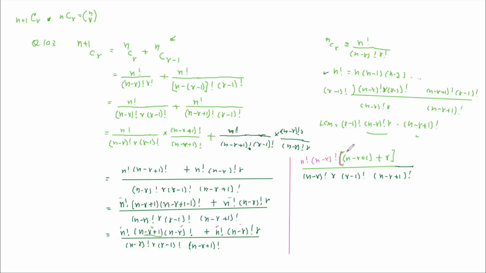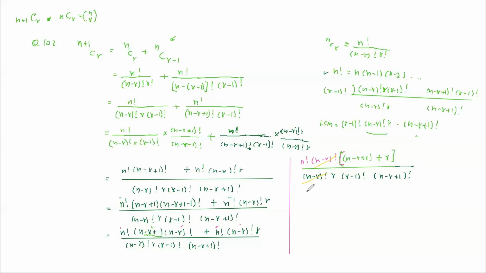And then we can see (n minus r) factorial is the same as the (n minus r) factorial, so we can cancel, correct? We cancel (n minus r) factorial. So we are left with this and we can simplify, right?